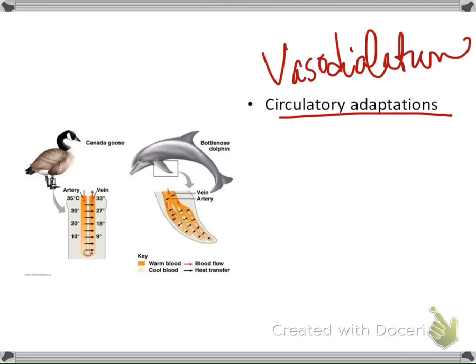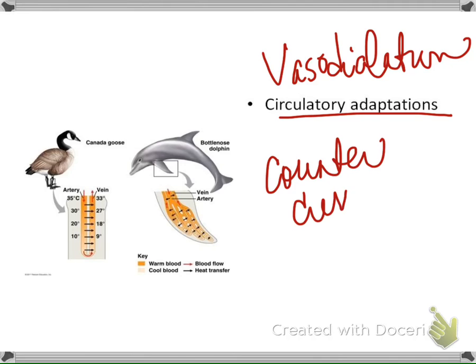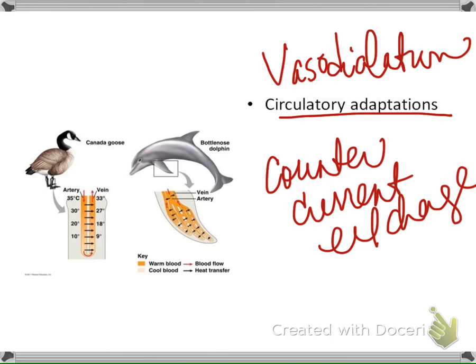Circulatory adaptations are things like a countercurrent exchange. Yeah, there's an N in there. This is transfer of heat or solids between fluids that are flowing in opposite directions.